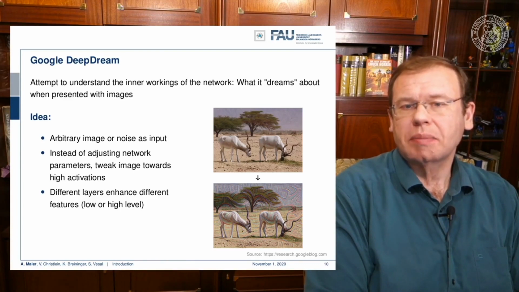This creates, depending on where we're looking at, very interesting images. So you can create very impressive mystic images as shown here on the right hand side, with this input and the improvement by the network.